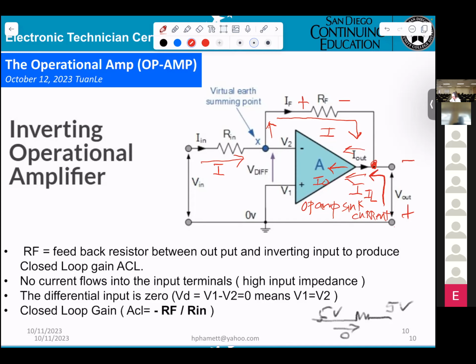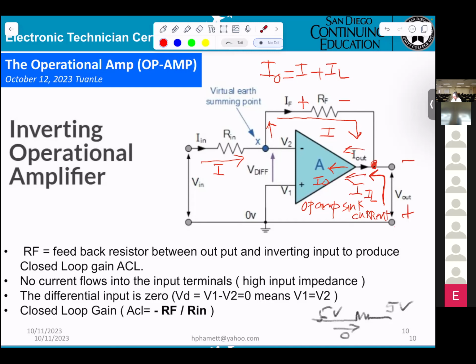Finally, in this case, I op amp equals current I plus IL. That means current I is the current going to RF, and current IL is the current going to the load. RF means feedback resistor. They connect output to the input.